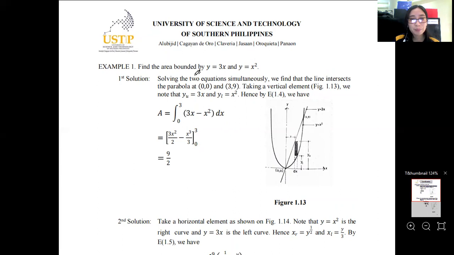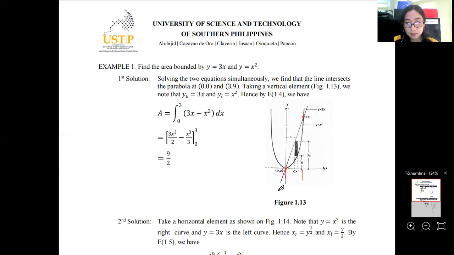So, balik ta. Solving the two equations simultaneously, we find that the line intersects the parabola at points (0, 0) and (3, 9). So these are the points of intersection. Therefore, ang atong gamiton nga limit ani is 0 to 3. Okay?